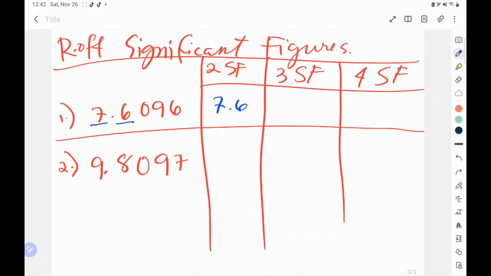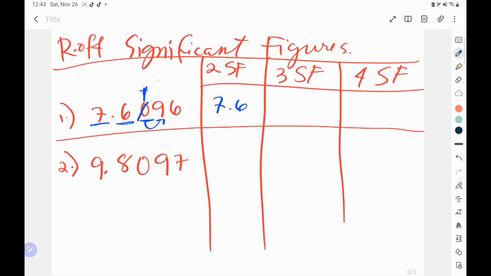Our first significant figure is 7, second significant figure is 6, and our third significant figure is 0. Remember, the 0 here is a significant figure because 0 is between 2 non-zeros, which are 6 and 9. Now our third significant figure here is 0. The next number after 0 is 9, and 9 is greater than 4. So for all numbers that are 5, 6, 7, 8, 9, you have to add 1 here.